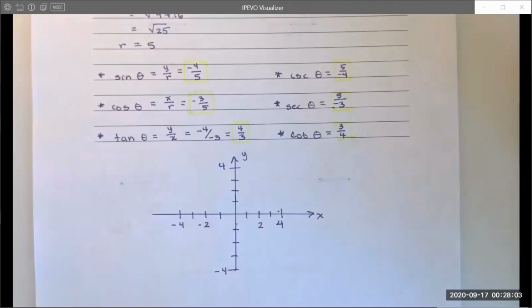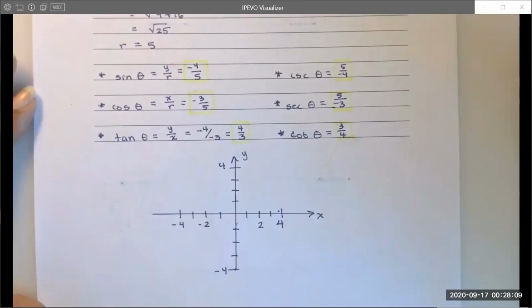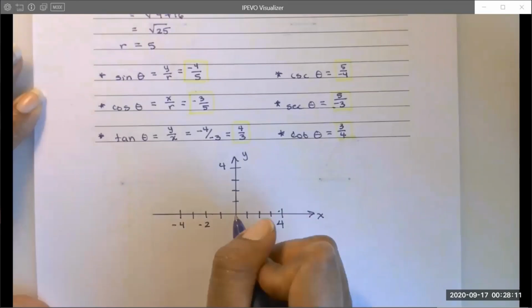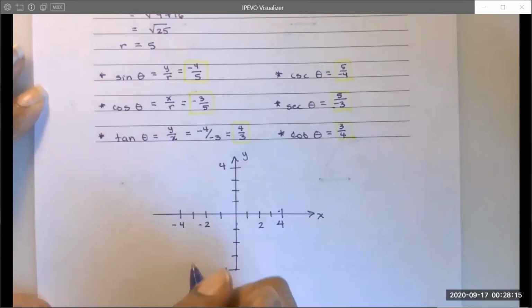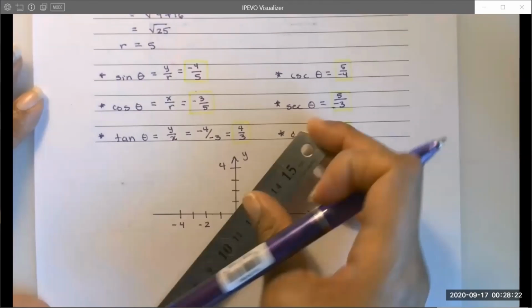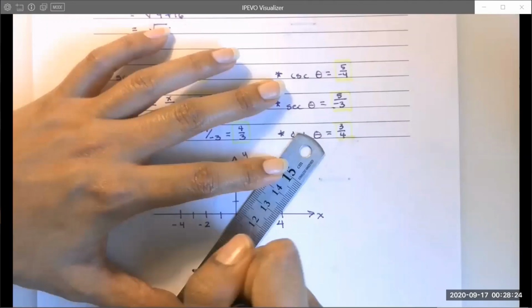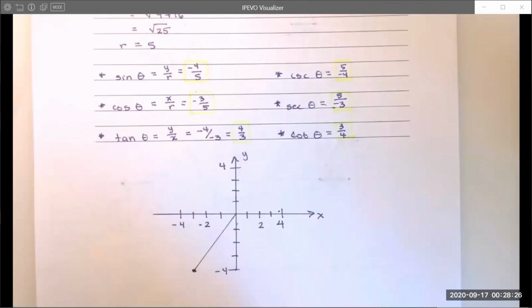Right, so the point that they gave us that is on the terminal side is this -3, -4. So -3 would be in the x direction, and then -4 would be in the y direction, which means we have the point about there. So that would be our terminal side then.